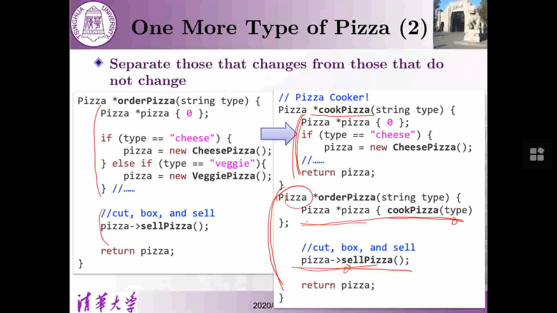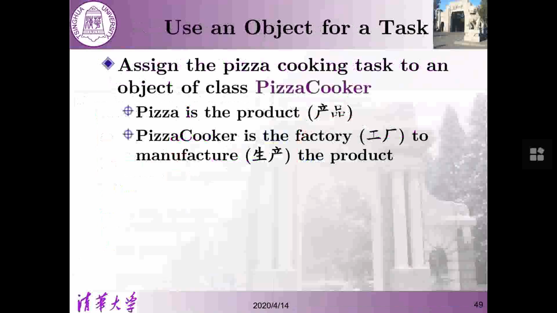In all the order pizza, maybe there's also order pizza 2 and 3 like that. And because this part does not change, we do not need to modify those functions, right? So we only need to modify this single function. So this is the merits of separating those that change and those that do not change, right?